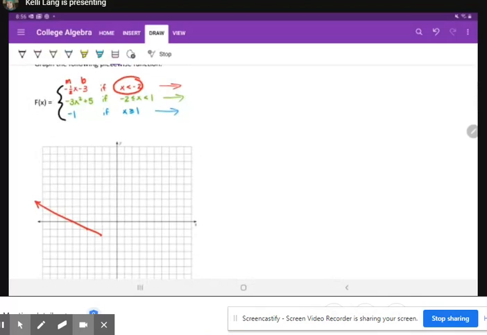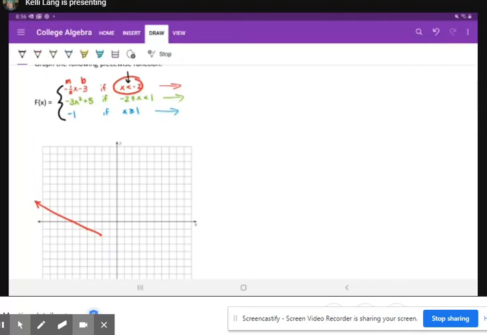Now, we always have to focus on our endpoints as well in a problem like this. My choices are, I might have an open endpoint here, or I might have a closed endpoint here. And let's talk about the difference. The difference is our inequality symbol. If it's a strictly less than, that means that negative 2 is not included in the domain of this part of our function.